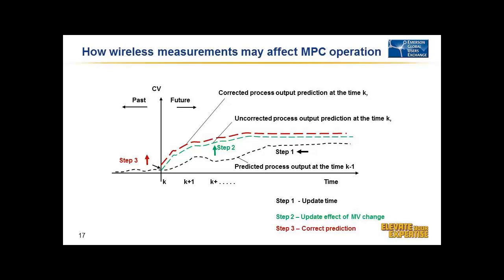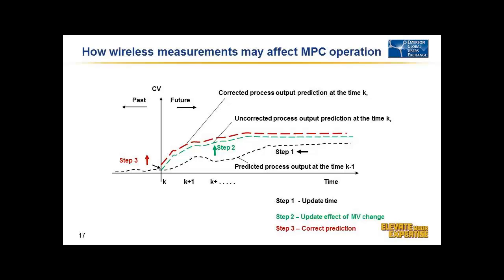Second, we update the effect of MV change, those manipulated variables and disturbances, and that is moving up. It's the result of all those step responses which are implemented at that scan. And what we do in the third step is the correction of the model prediction based on real measurement, step 3, here in red dashed line.